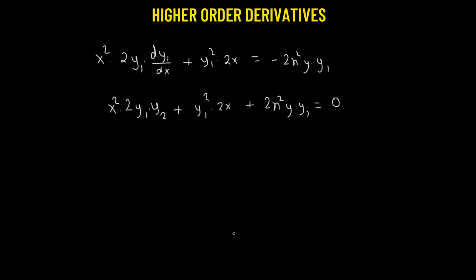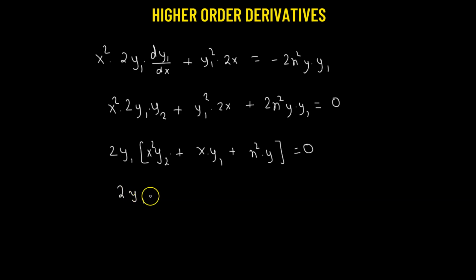Now what we can do, we can take 2y1 as the common factor. Here this will get multiplied to x squared times y2 plus x times y1 plus n squared times y equals 0. Now we know that 2 cannot be equal to 0, and y1 also is not equal to 0, because y is not a constant here.